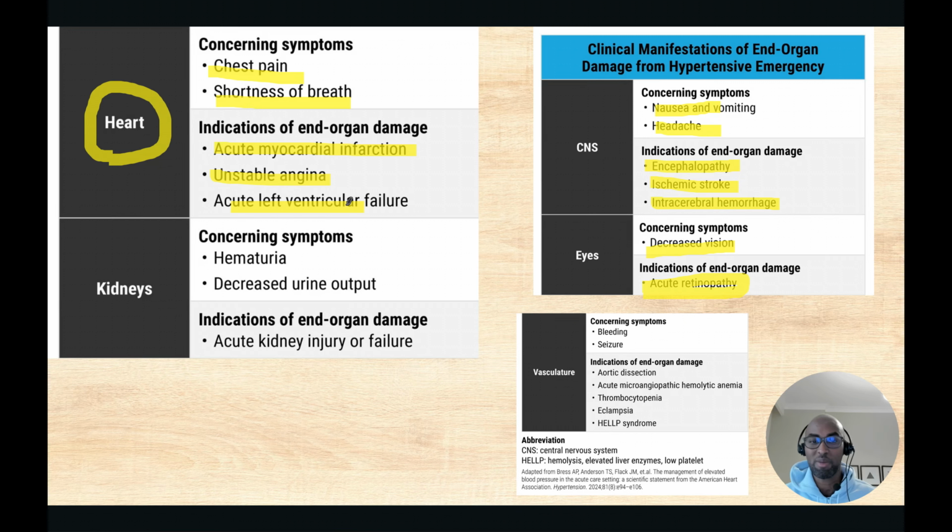You have to run some tests like the troponin. And for the kidney, you have to ask about the urine output, and whether there is any change in urine color, like hematuria. And you need to request the creatinine, and compare this result with the previous creatinine to understand if there are any changes and any end organ damage.